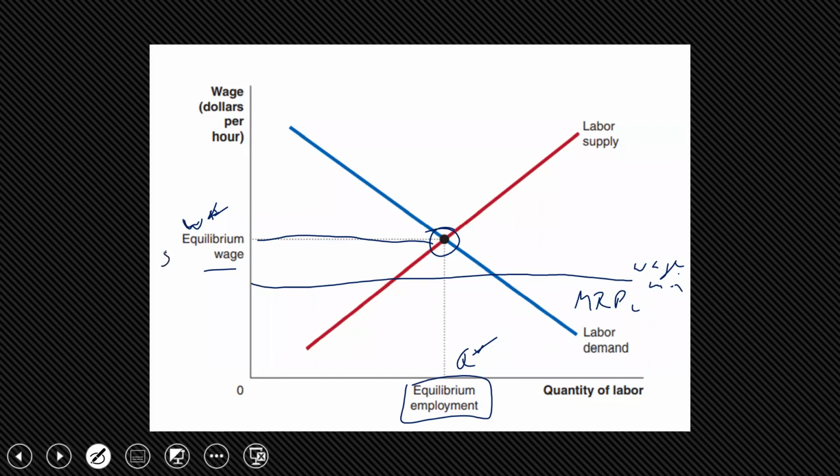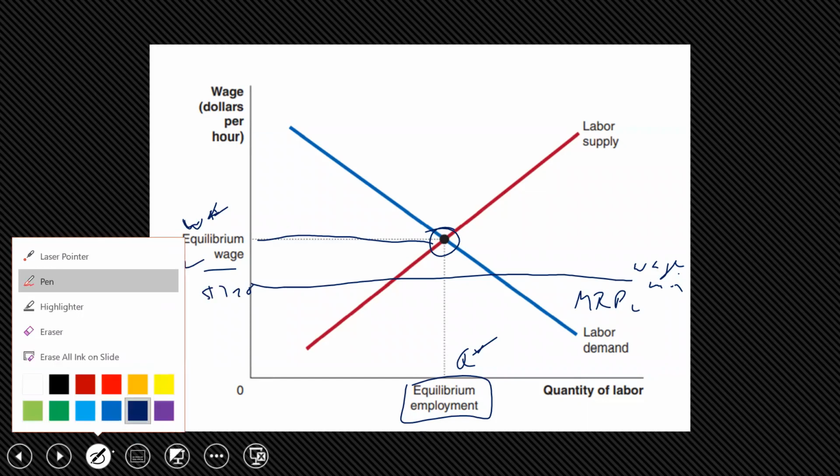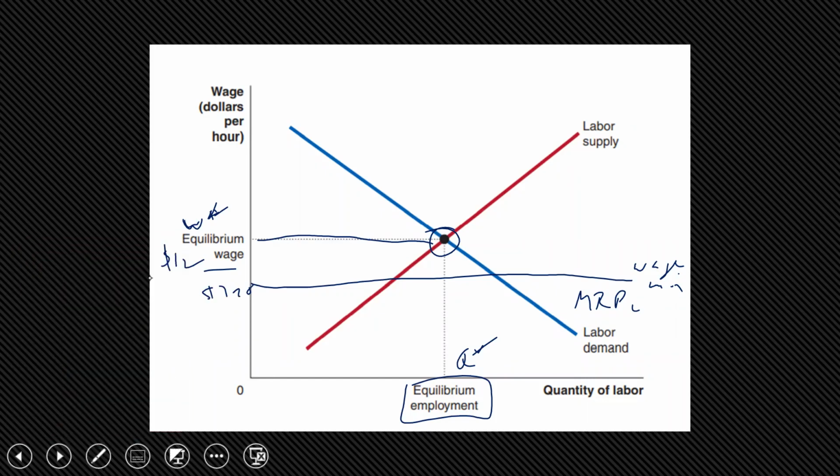So let's say this is $12 and minimum wage is $7.25. It shouldn't really matter. But unfortunately, because of framing issues and things like that, there are a lot of people that get convinced and feel like they're forced to take this $7.25 an hour or $8 an hour, $9 an hour, whatever the minimum wage in the corresponding state that you're in is.